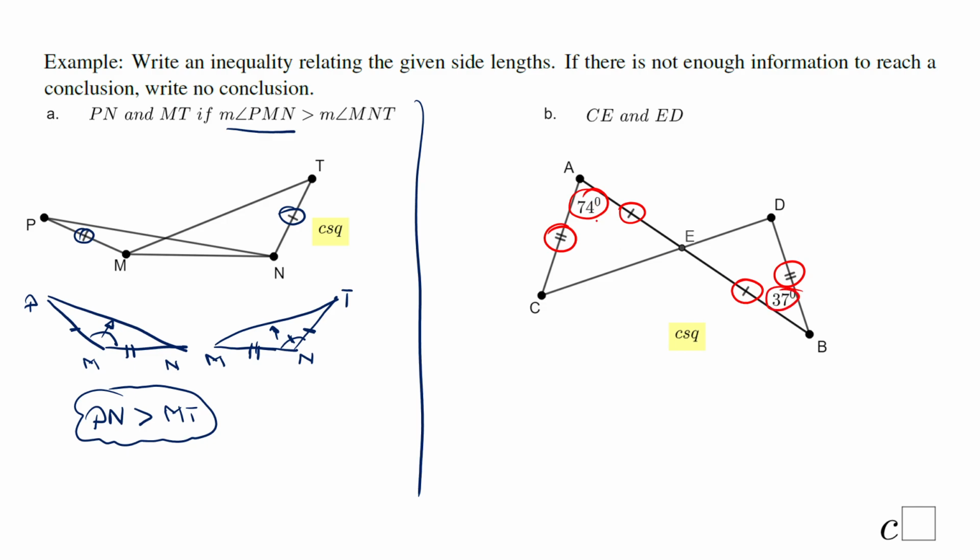Because this angle is 74, which is more than 37, that means CE has to be greater than the side on the other side of the 37 degree angle, which is ED. This is the relationship that we can find in part B.